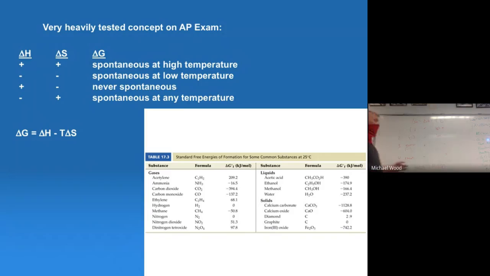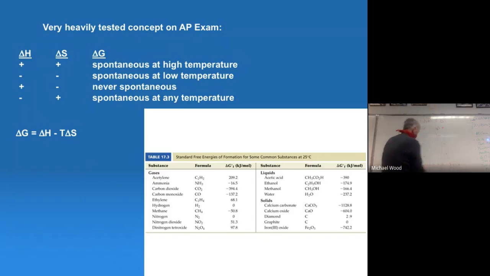But this reaction, is delta H positive or negative here? Is this an endo or exothermic reaction? Do you have to put energy in ice to melt it, or does energy come off when you melt ice? Is this endo or exo? This is endothermic, right?